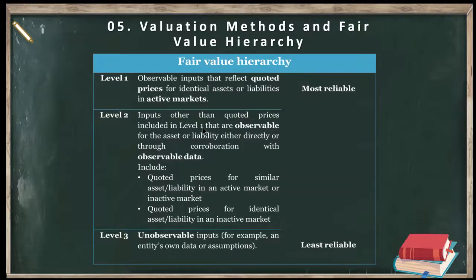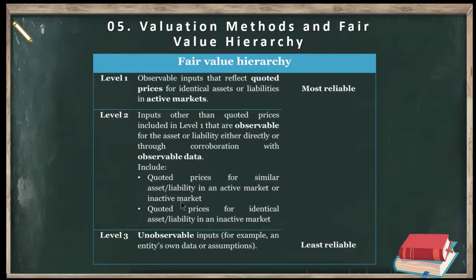So, these are inputs that are observable either directly or indirectly. Okay. Inputs other than quoted prices included in level 1 that are observable for the asset either directly or indirectly through corroboration with observable data.